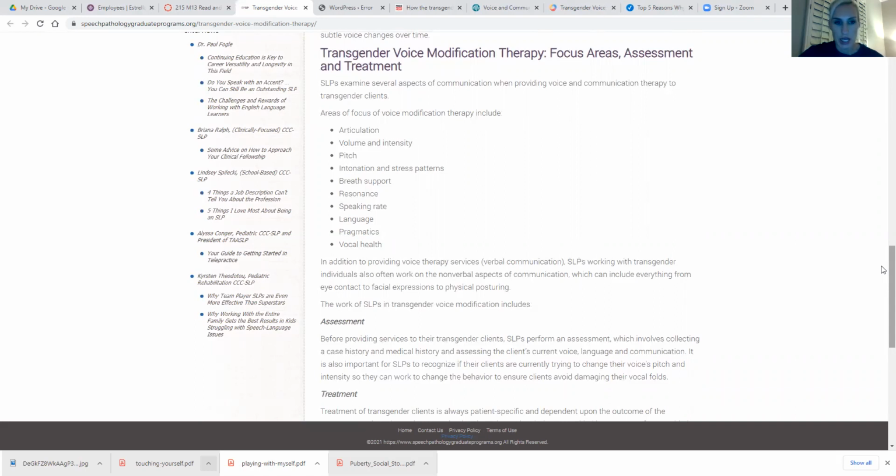I was reading a blog from an SLP talking about how they were having voice problems before, and then going through transition some things kind of escalated, and they engaged in some poor vocal behaviors in order to sound different.